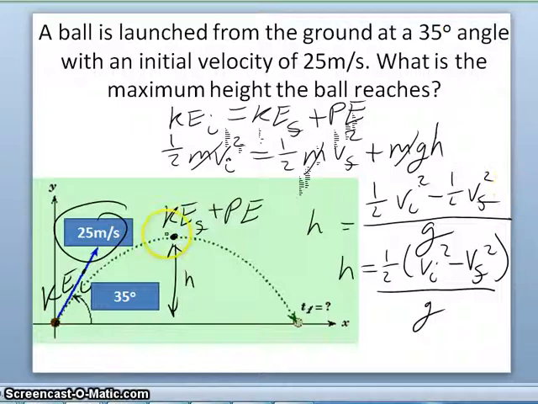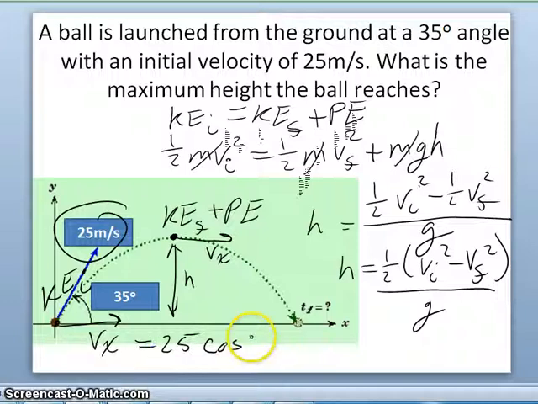Well, remember that when we're at this point, the maximum height, the velocity is always equal to the x component of the velocity, in the absence of air resistance. So if I were to solve for the x component of the velocity, I would say that it was 25 cosine 35.